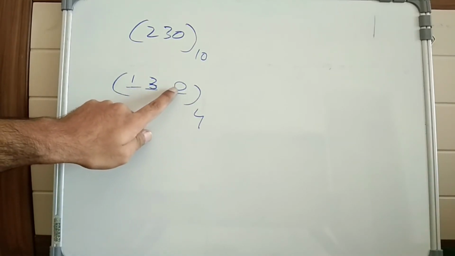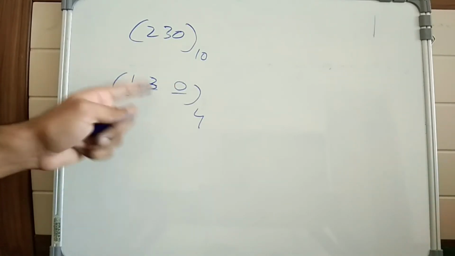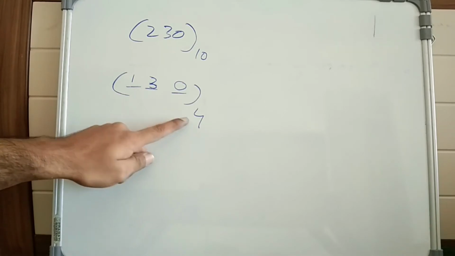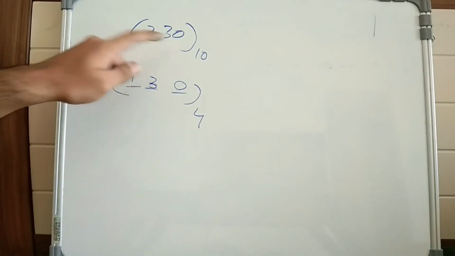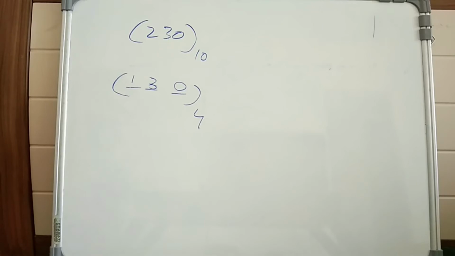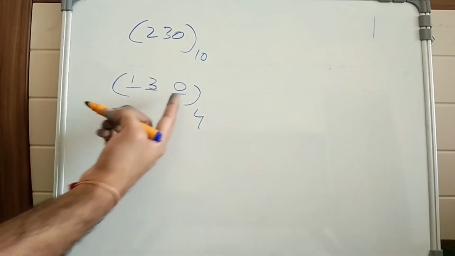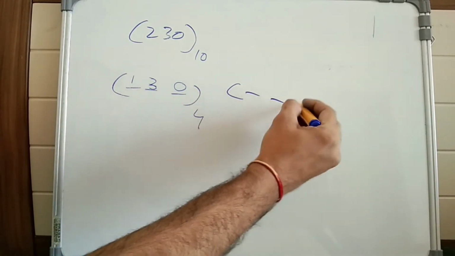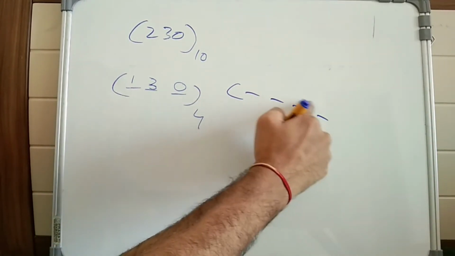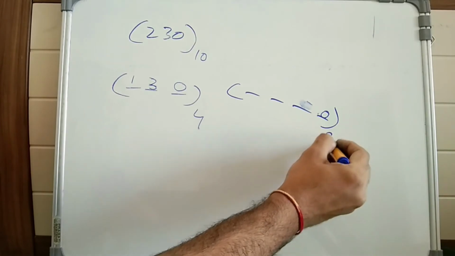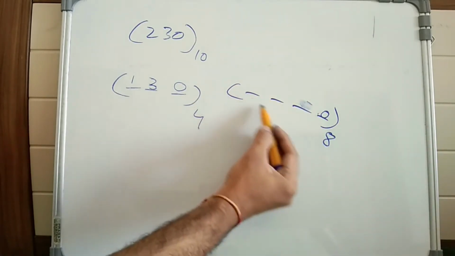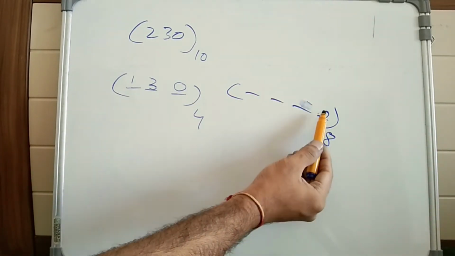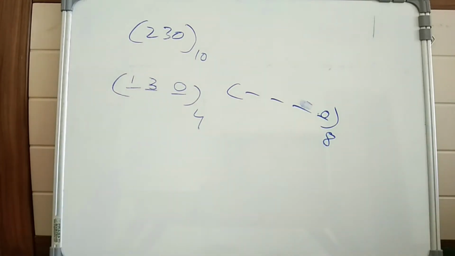If it is ending with 0, this particular number will also be divisible by 4, just like here. So whenever a number is ending with 0, it will be divisible by 4 in this case. Any other example, let's say base 8, this number will be divisible by 8 because this number is ending with 0.